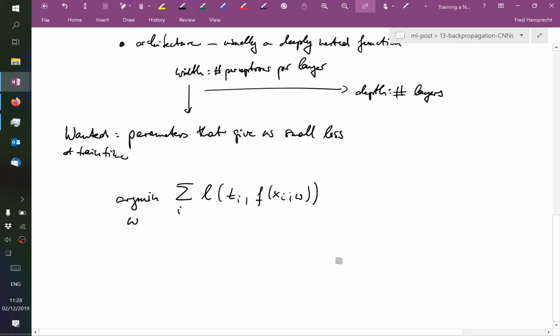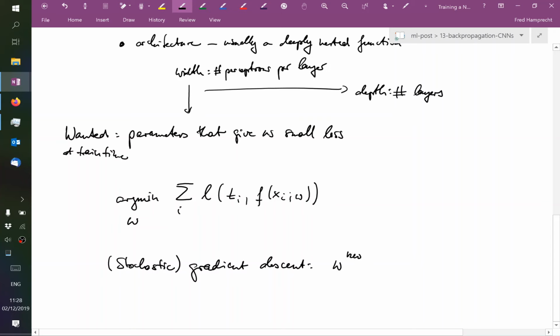Stochastic means that we don't, as in usual gradient descent, estimate this gradient exactly, but we only take a small finite subset of the training data to estimate the gradient for one step, then use a new subset, estimate a new step, etc., etc. So what we're looking for in stochastic gradient descent is to find new parameters.